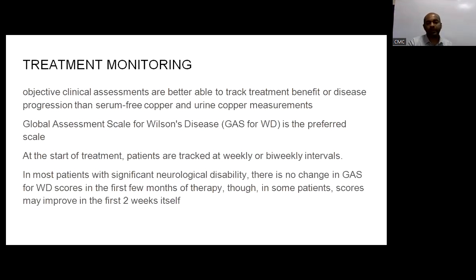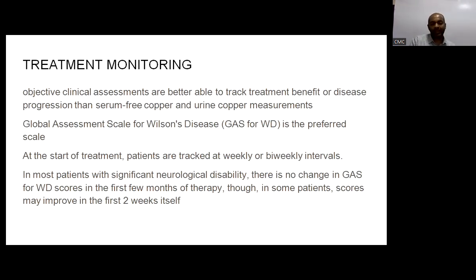The most important thing is monitoring of treatment. Objective clinical assessments are better able to track treatment benefits and disease progression, rather than using free copper or 24-hour copper levels. Objective clinical assessment is the best way to monitor disease. The Global Assessment Scale for Wilson disease is the preferred scale.